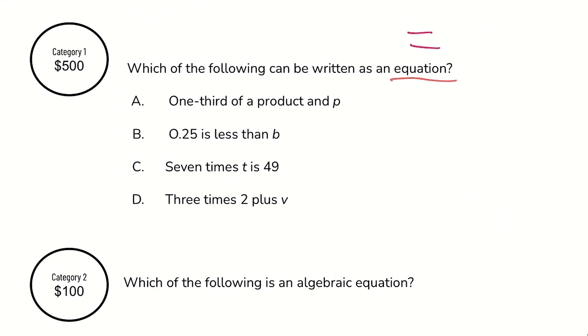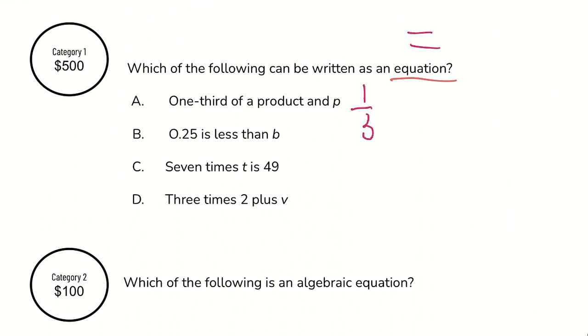If I try to write these out, so A, 1/3 of a product and P. Well, I know 1/3. Let's go ahead and write that fraction, 1/3.